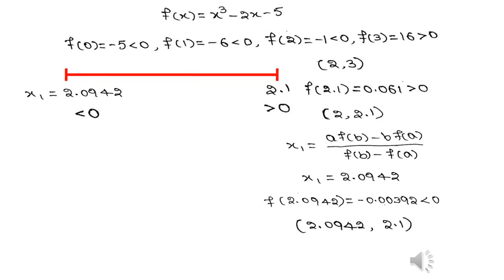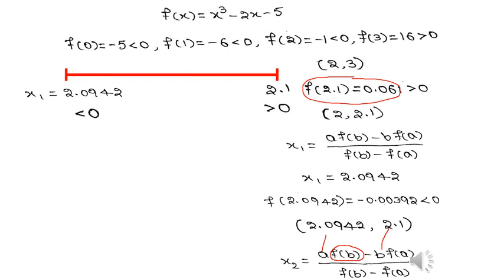So we can conclude that our root lies between these two new values. Now apply the formula again. Take this as A, take this as B, and f of B is f of 2.1. We have found f of 2.1 here.